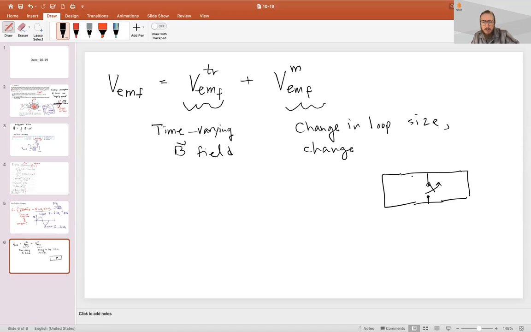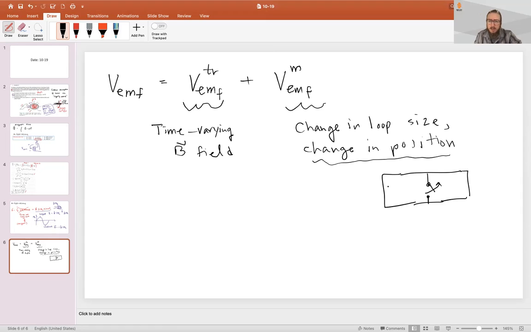So that might be one circumstance. It's a little bit contrived, but change in position also. This is much more common. This is the normal one.